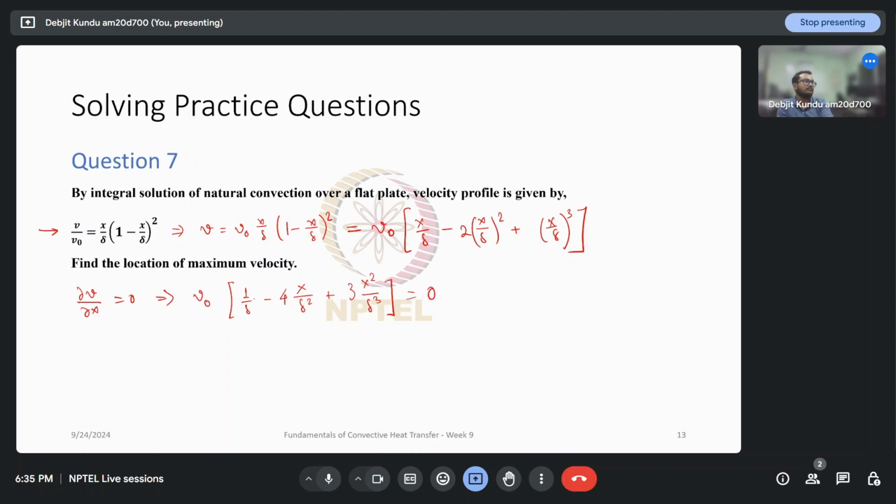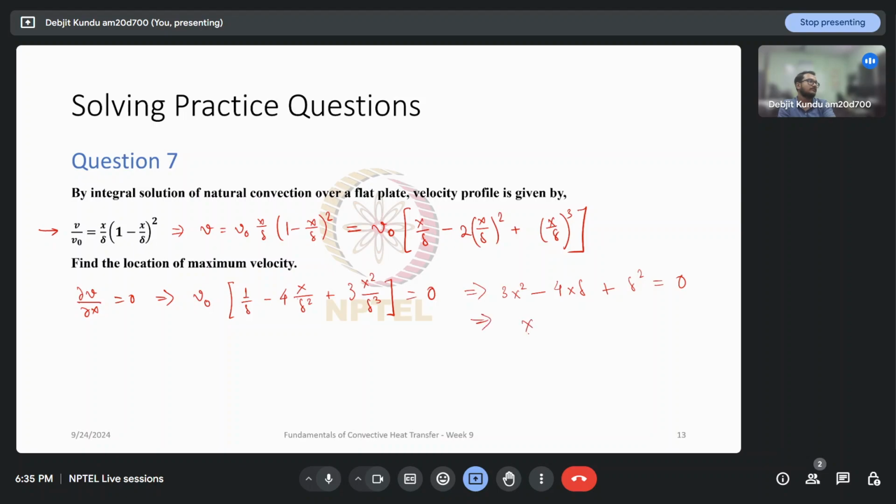Now let me multiply this entire thing by delta cubed, and v naught I can remove. So I'll be left with 3x squared minus 4x delta plus delta squared equal to 0. Now this simply becomes a factorization problem.